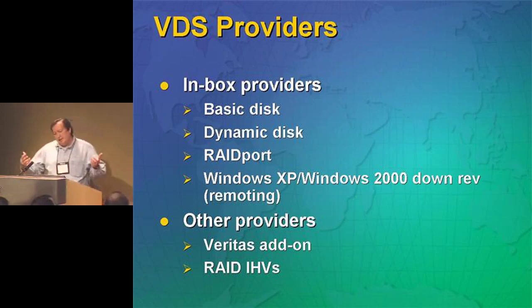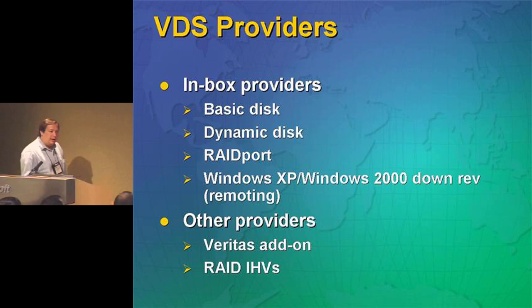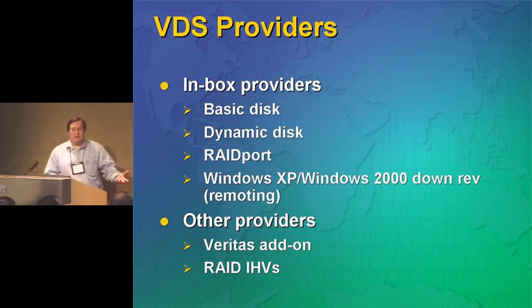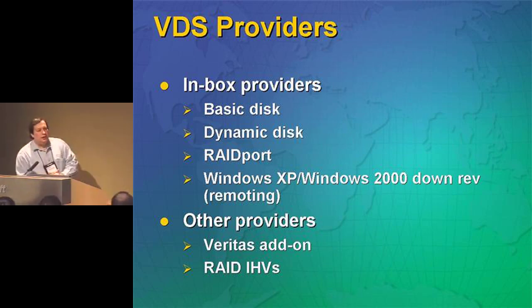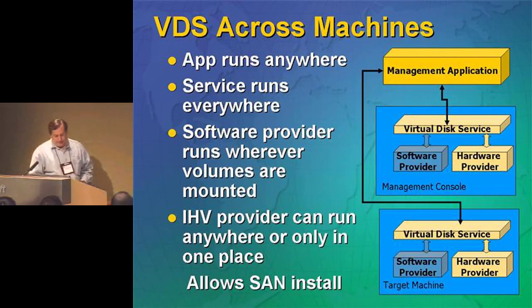A little bit of redundancy here. The in-the-box providers. This is what we put in the box: the basic dynamic RAID port and our StorPort and 2000 down-revs. And other providers can add on. There's both the ability to add software providers and hardware providers. So if you think you've got a really whiz-bang method of creating mirrors with software disks, we'll support that.